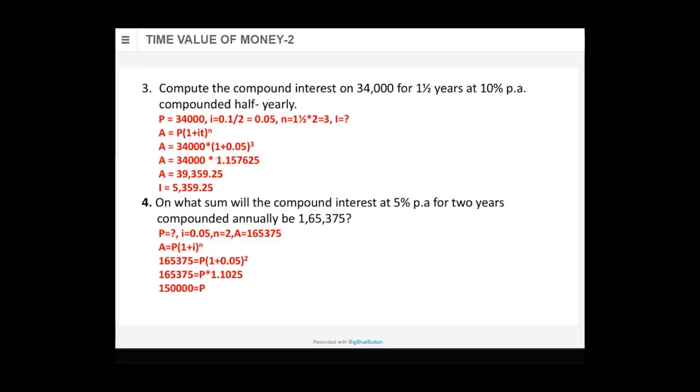So that's the calculation, and A comes to 39,359.25. Just check that it is correct.